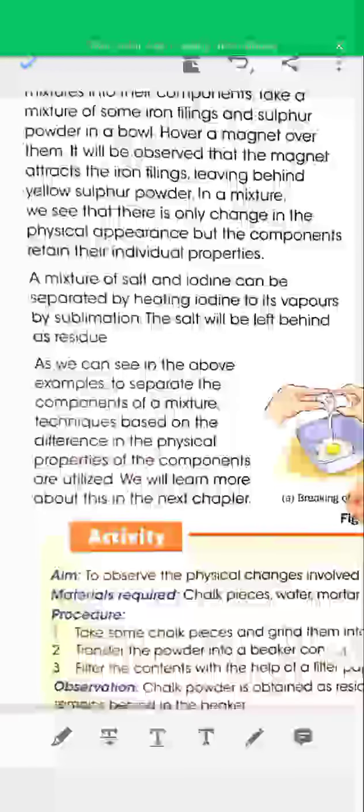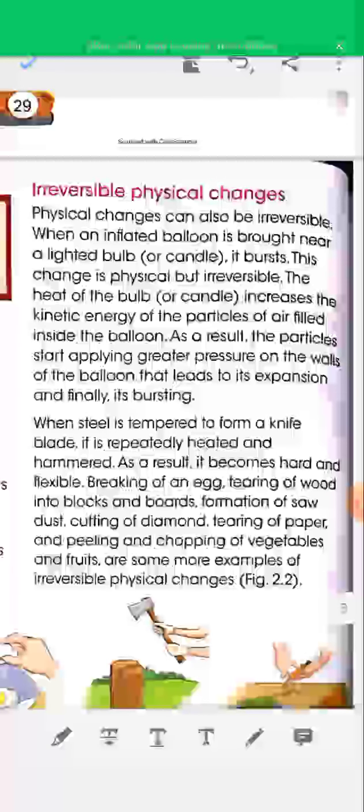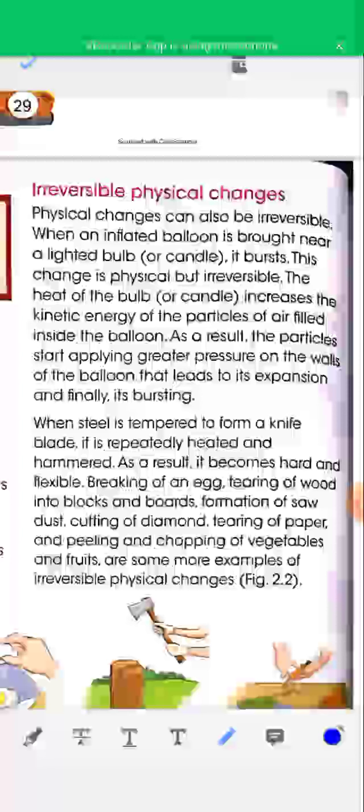Now see irreversible physical changes, that is, physical changes that cannot be reversed by changing the external conditions. So physical changes can also be irreversible. For example, when an inflated balloon is brought near a lighted bulb or a candle, what you will see is the balloon will burst.